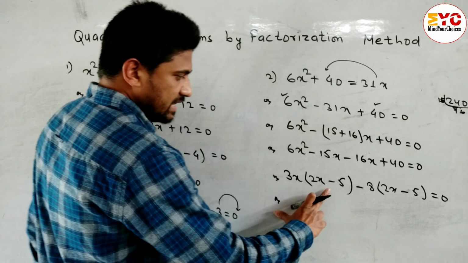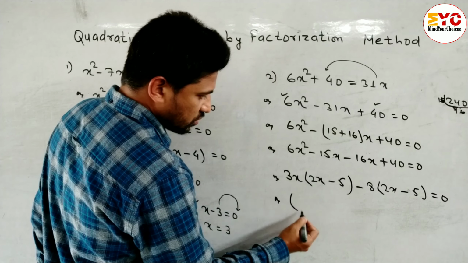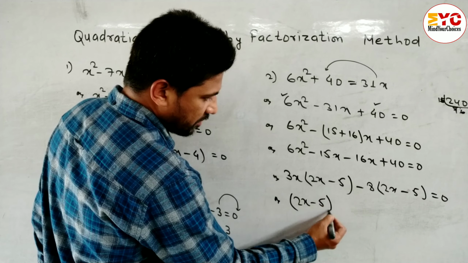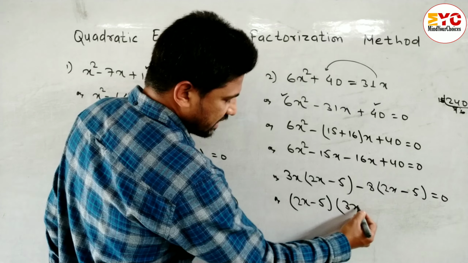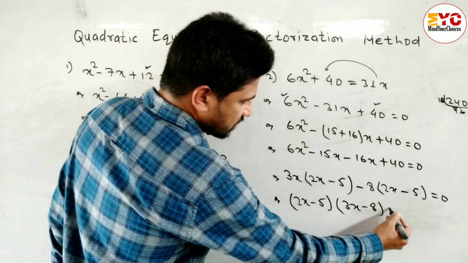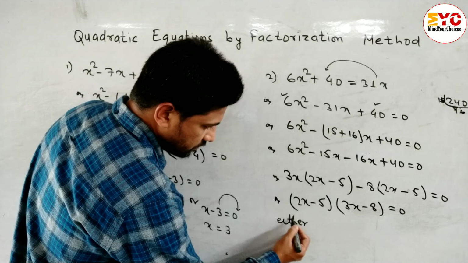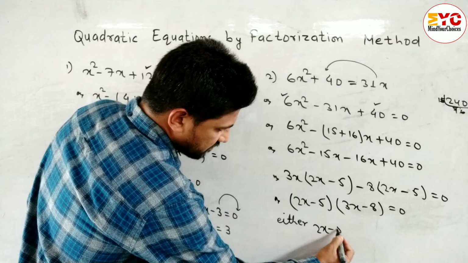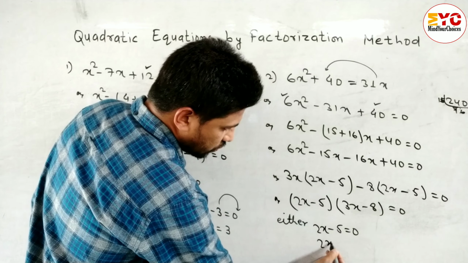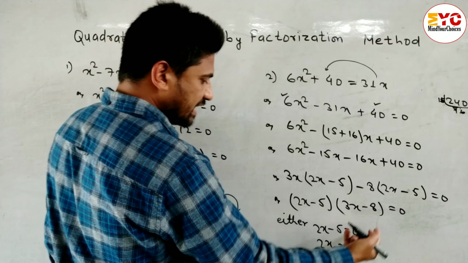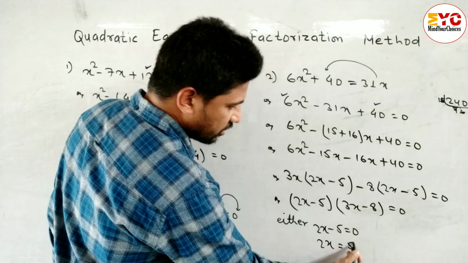Now you can see 2x minus 5, 2x minus 5, so we can write here 2x minus 5 common, and remaining 3x minus 8 is equal to 0. Either 2x minus 5 is equal to 0, 2x is equal to, when you take 5 to the right side, here is minus 5, so we have to write plus 5.